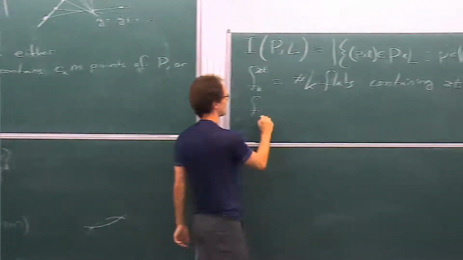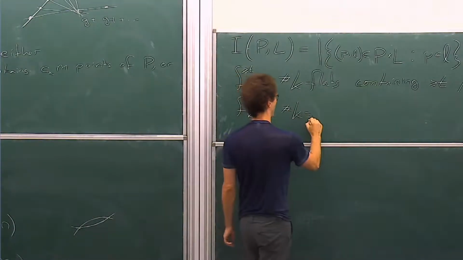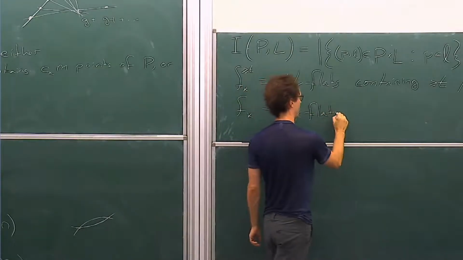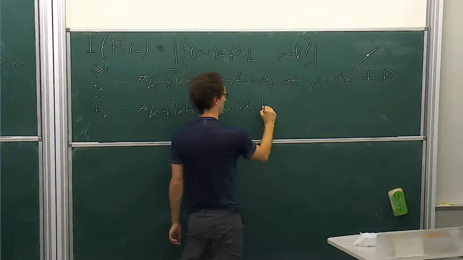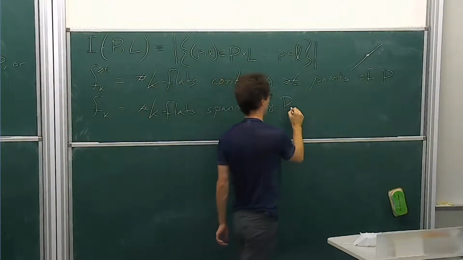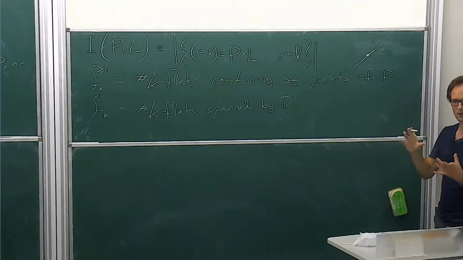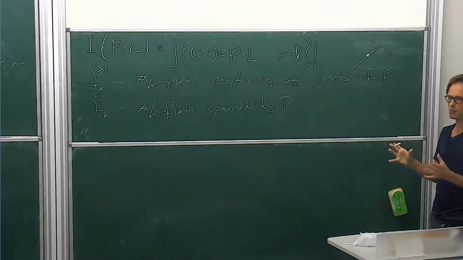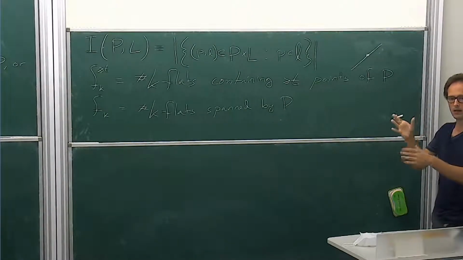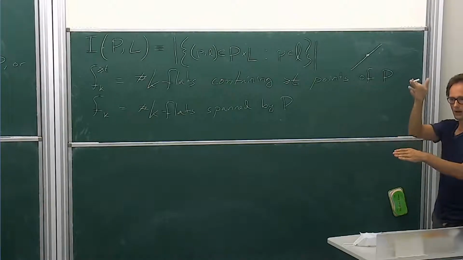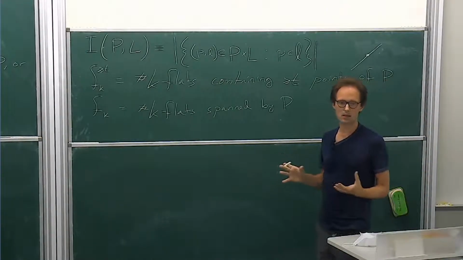In terms of notation, f_k is the number of k-flats spanned. What I mean when I say a k-flat is spanned by P is that you have k plus 1 points contained in the k-flat that don't lie on a lower dimensional space.